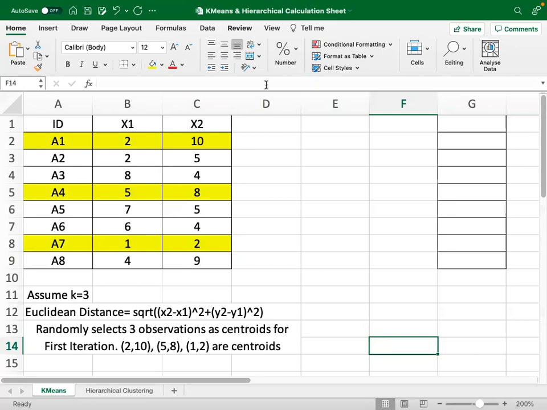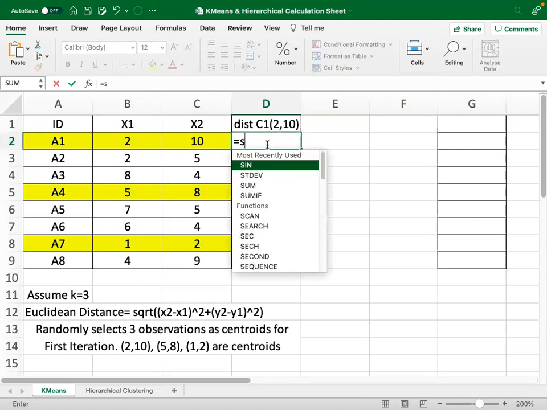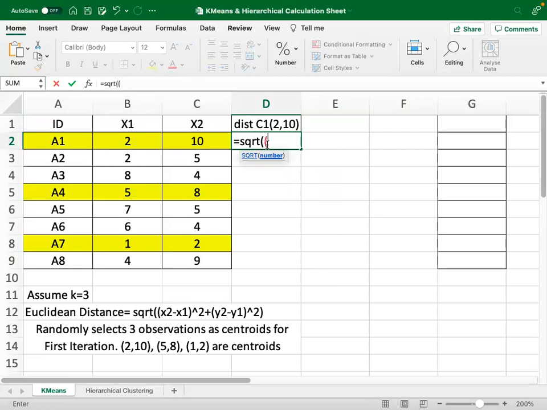Okay, now it will start calculating the distance. Dist C1, centroid 1 is 2, 10. So it is equal to SQRT, open 2 brackets, B2, X2 minus X1.